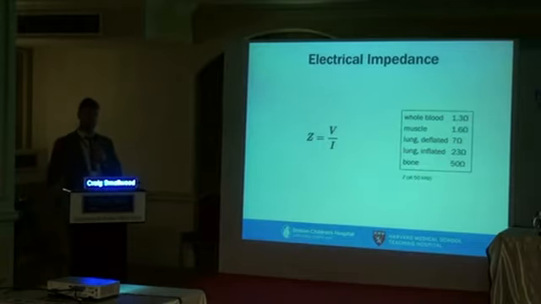Electrical impedance is not so difficult of a topic, and indeed one that you actually look at every day when you look at your physiologic monitor. So when you look at the physiology monitor and you see the tracing of respiratory rate, so you put the ECG leads on there and you see a tracing of the respiratory rate. So when the patient breathes in, the little line goes up, and that's electrical impedance. Essentially what happens is when you inject a little bit of current into the body, you measure how much comes out the other side, and as air inflates in the chest, electricity has a really tough time flowing through air.